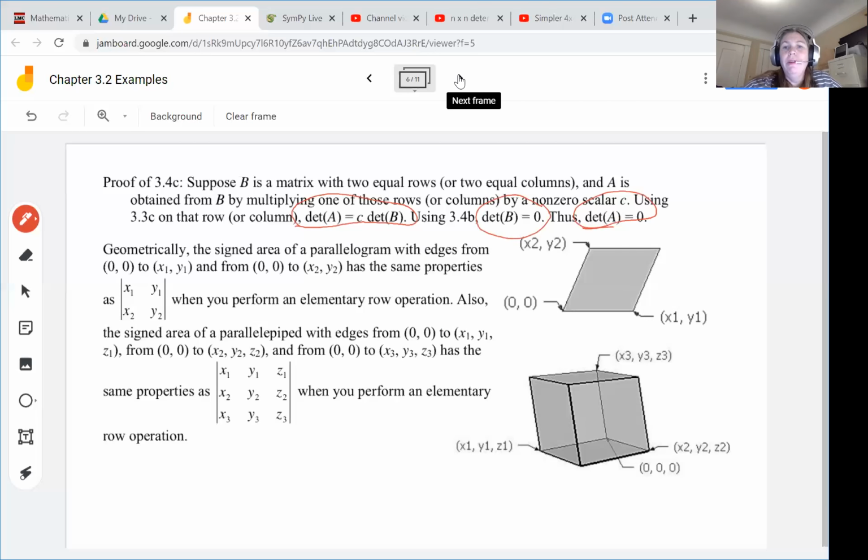All right, geometrically, we can visualize that down here. You can think about the signed area of a parallelogram with edges from 0,0 to x1,y1, and 0,0 to x2,y2. That gives us a parallelogram. And then our last point out here would be x1 plus x2, and the height looks like y2.